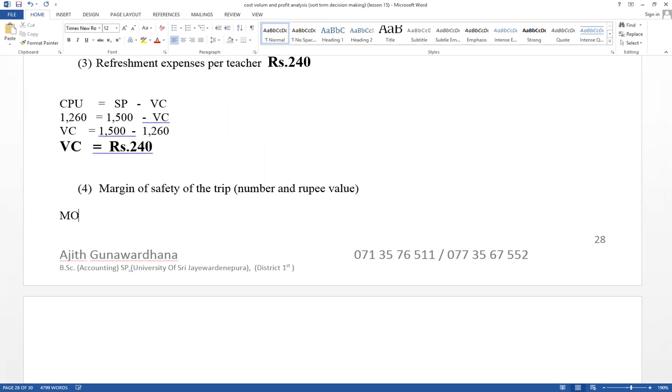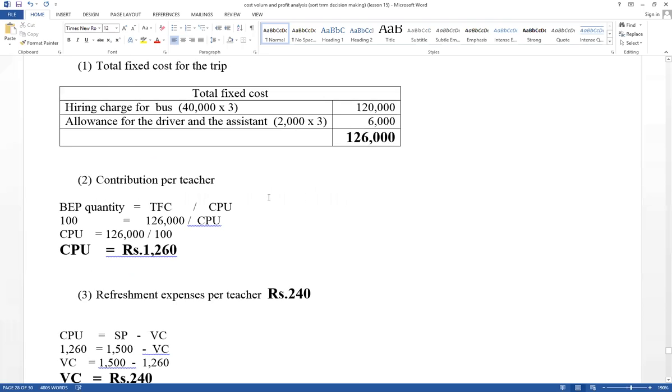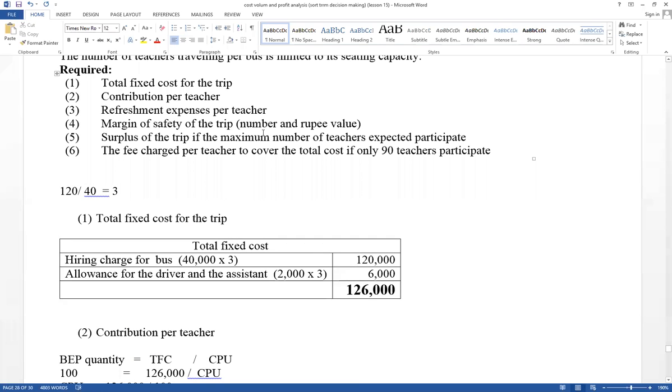Write the equation: margin of safety quantity equals expected teachers participating, or expected quantity, minus break-even point quantity.